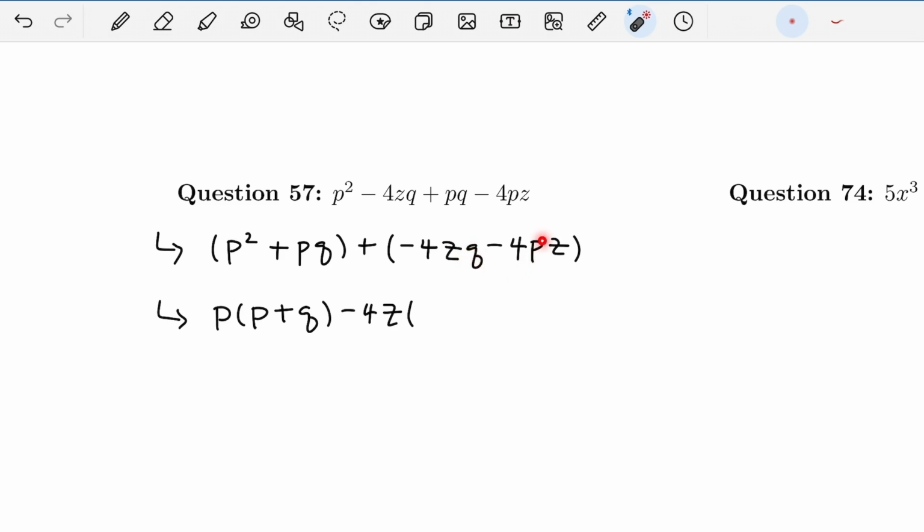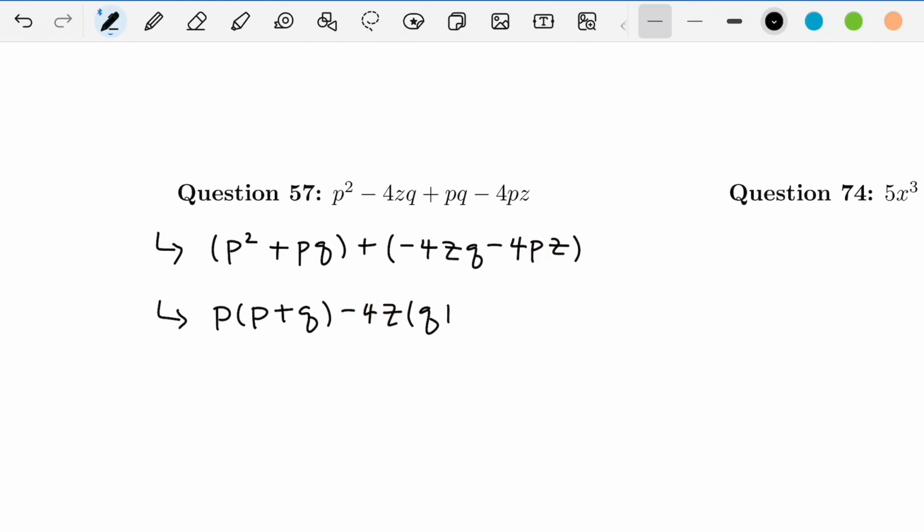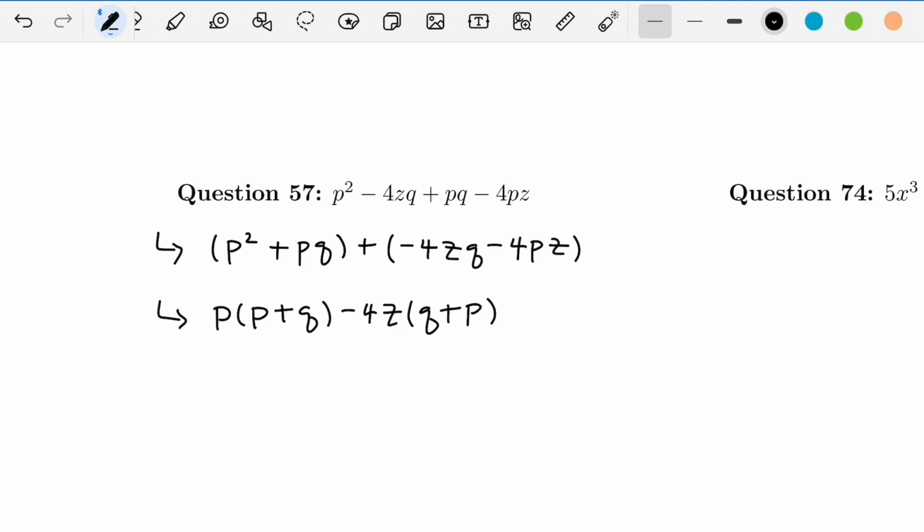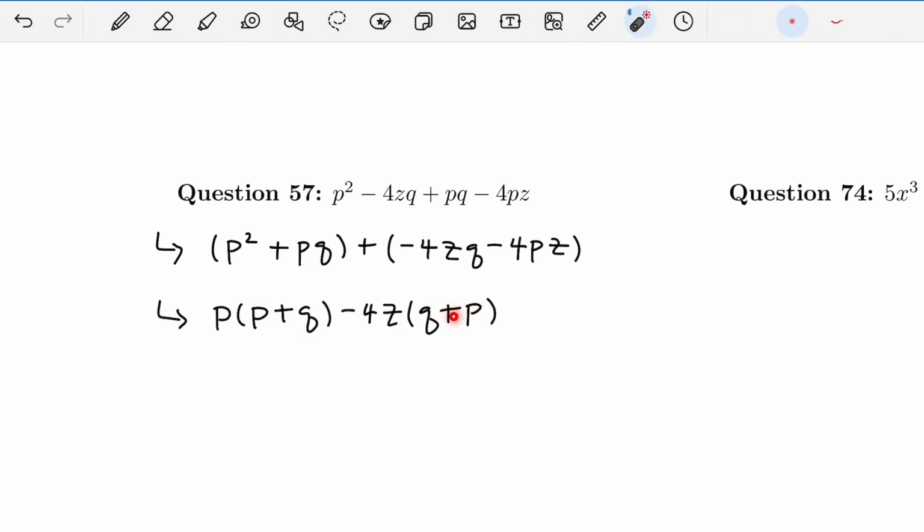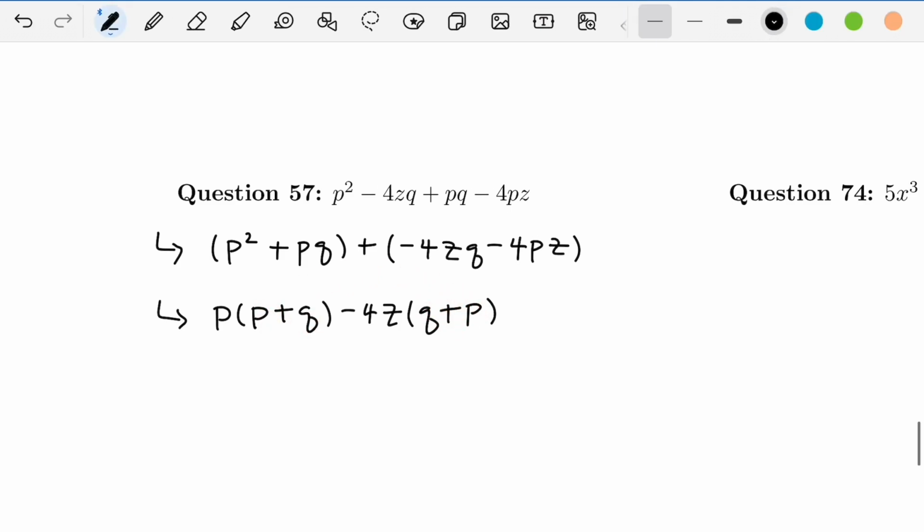It's going to change the signs of these guys. So I'm just going to be left with a q and then a plus p, since we pulled out this minus. So this will be q plus p. And notice p plus q is the same as q plus p, so we can pull that guy out. So we have p plus q, and what we're left with for our first term is p, and our second term is minus 4z.